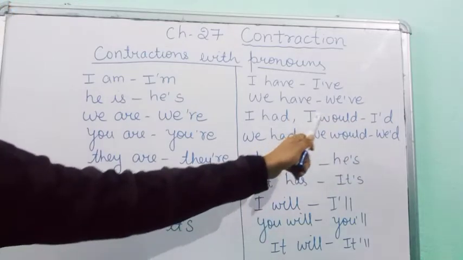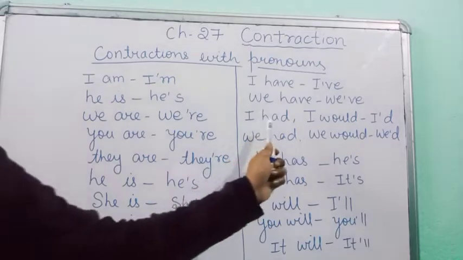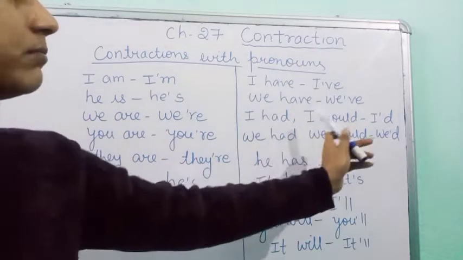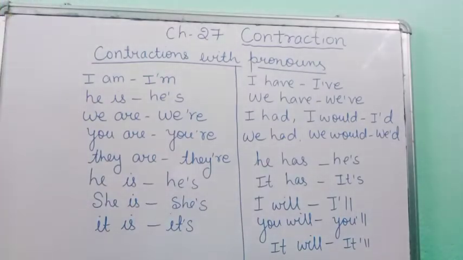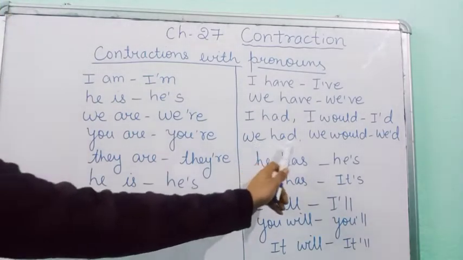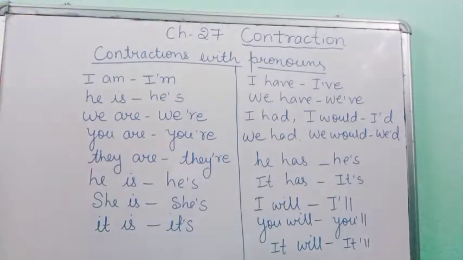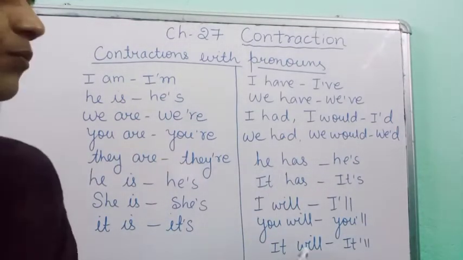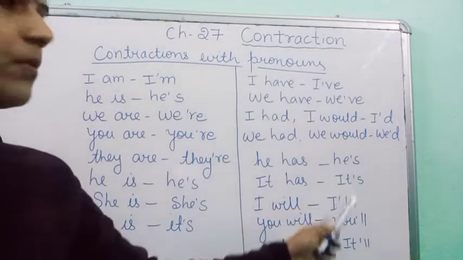I had and I would, in both cases we write I apostrophe d. We had and we would, we apostrophe d. He has, he apostrophe s. It has, it apostrophe s.